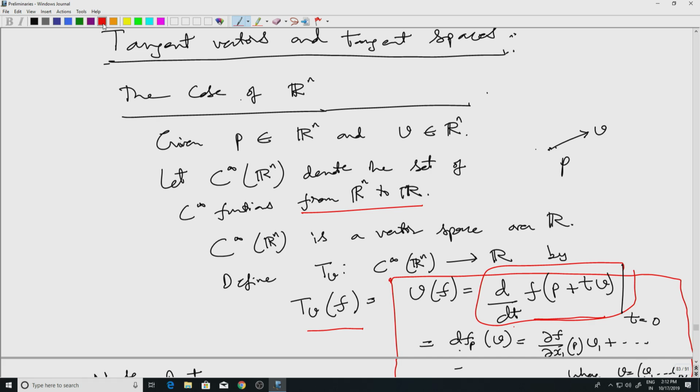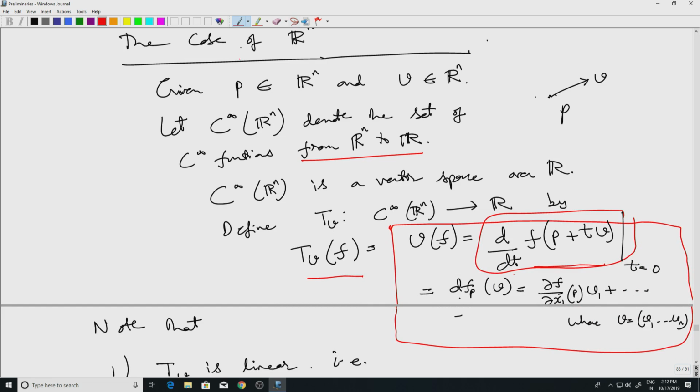By definition that's equal to the usual derivative of f when I restrict it to the straight line which starts at the point P in the direction V, namely P plus tV. So when I restrict f to that, I get a function of one variable, namely t, and I take the derivative of that.